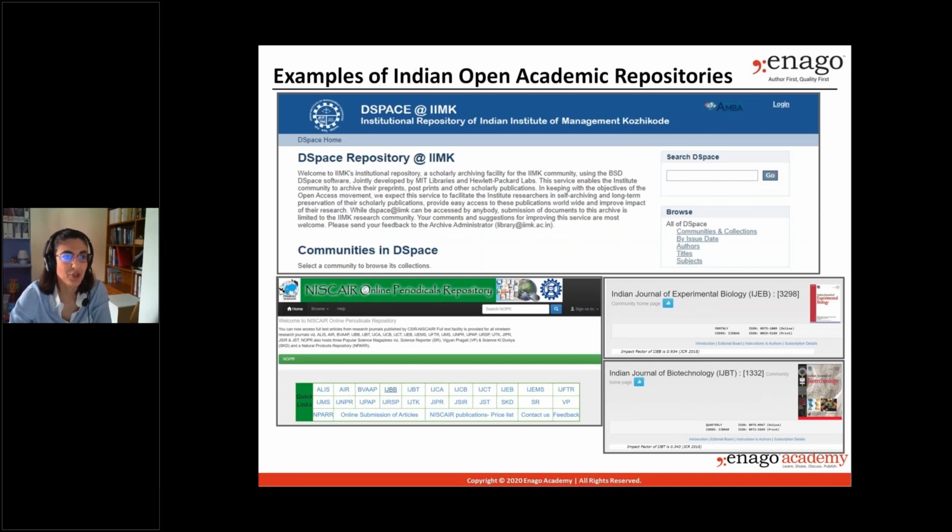Here's an example of the Indian Open Academic repositories. You'll probably be able to find different repositories from your own country, but all these are publicly available. This means for the international scientific community. So although they may be developed locally, they're addressed to the entire world.